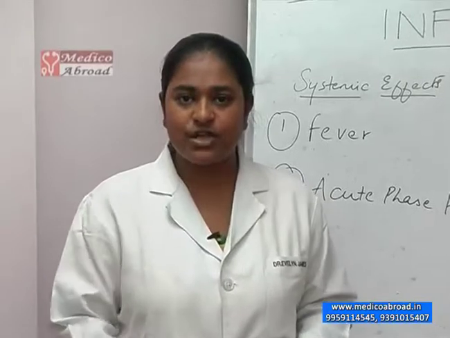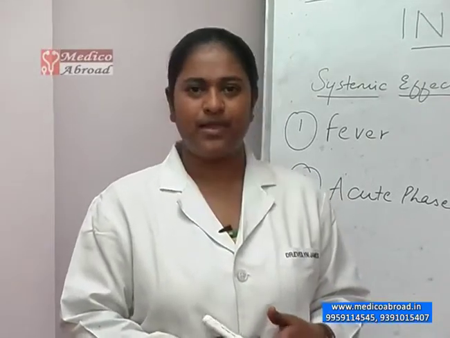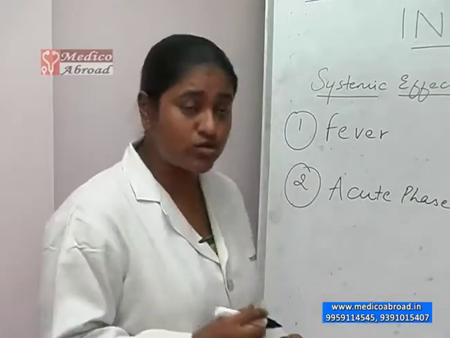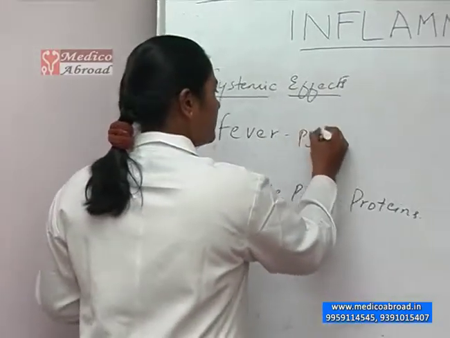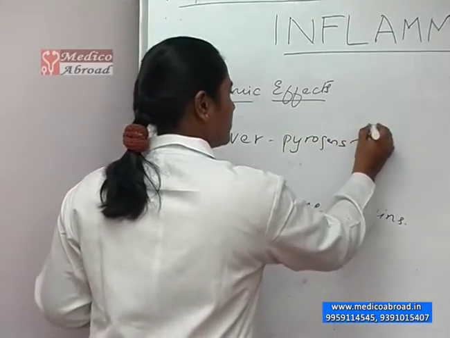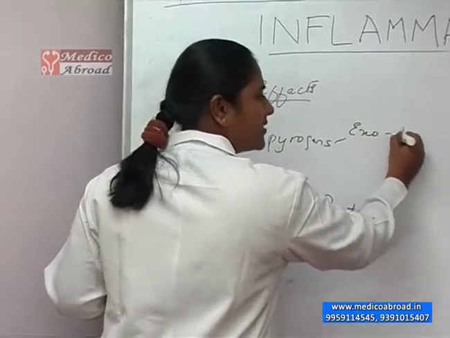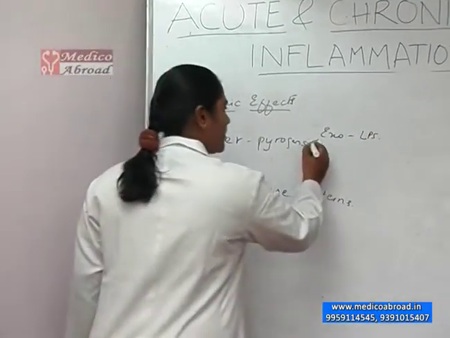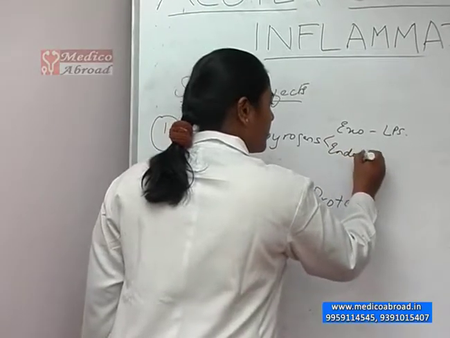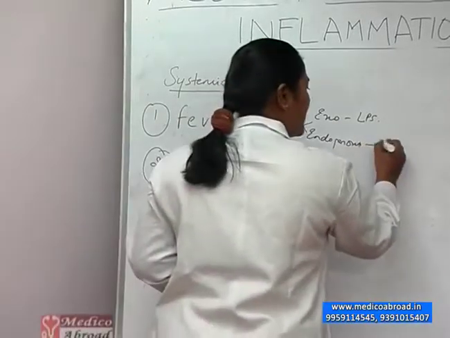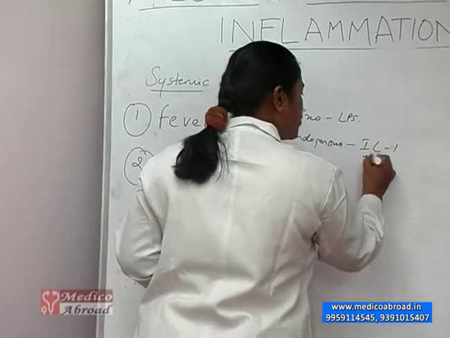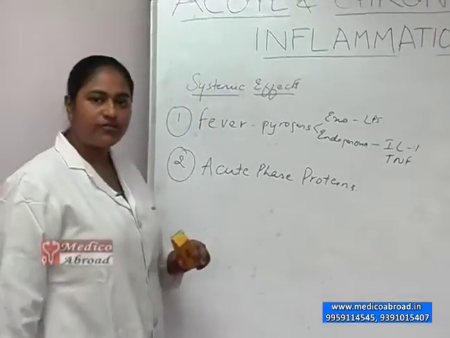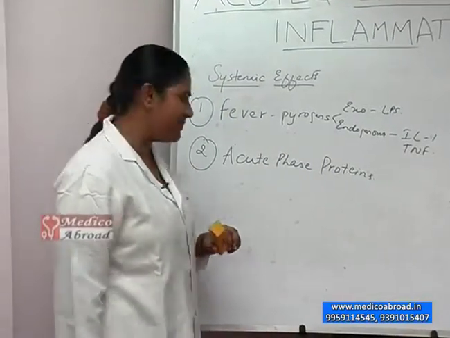There is a rise in temperature from 1 to 4 degrees centigrade, and this could be caused because of pyrogens, which may be exogenous, like the lipopolysaccharides of bacteria and other microbes. Endogenous pyrogens may be interleukin 1 or tumor necrosis factor. These are pyrogens which cause a fever in the acute phase of inflammation.